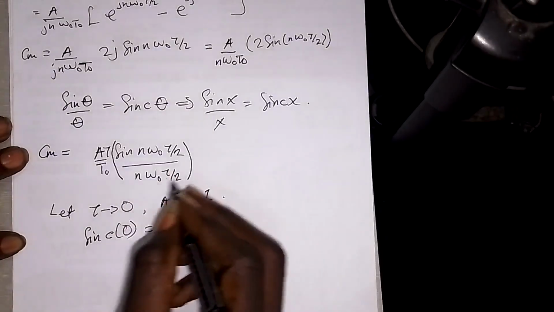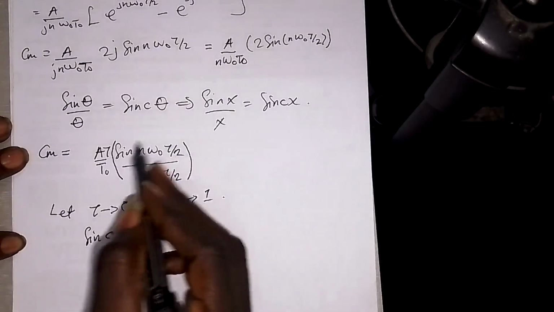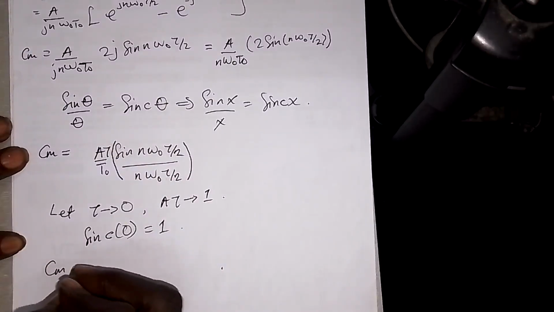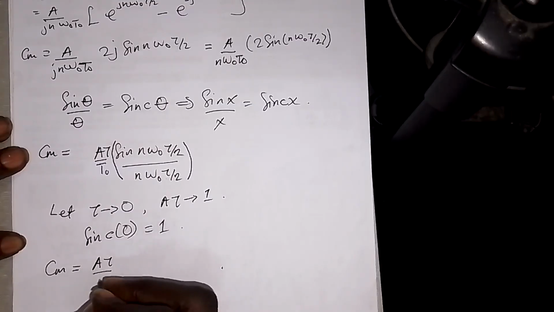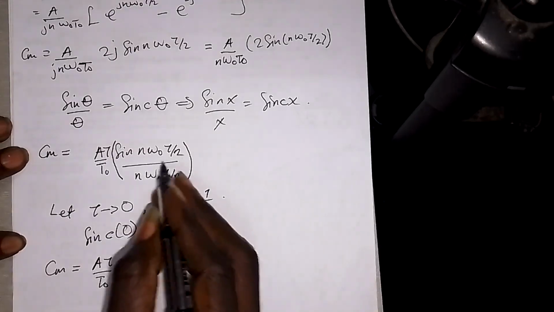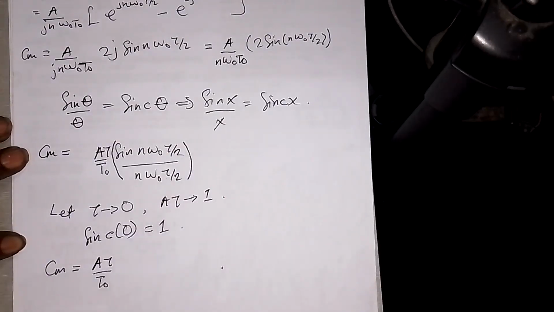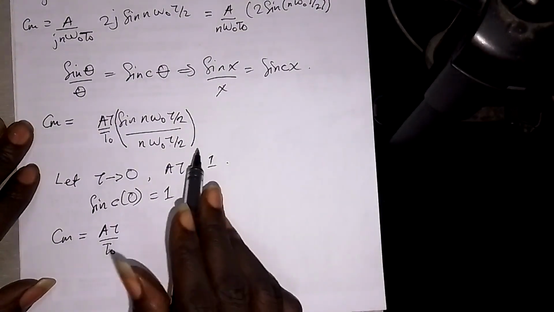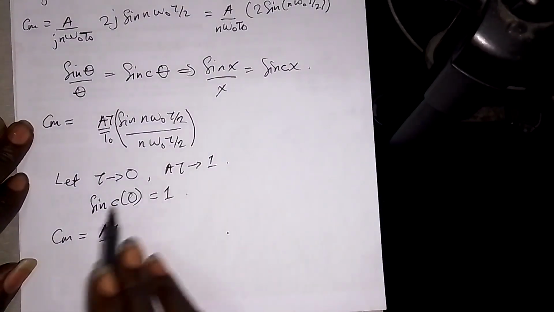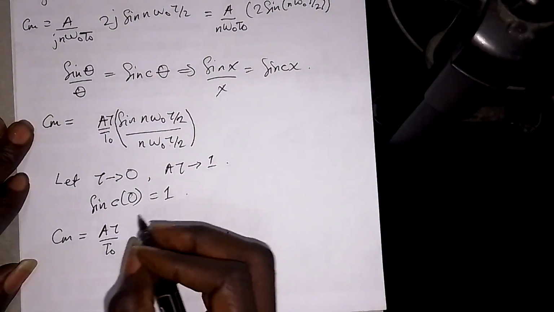If sinc 0 is equal to 1, then this part becomes 1, and my Cm will now be equal to A tau over T naught, because the sinc aspect is now 1. But I am also saying that this A tau in terms of the impulse train function approaches 1, so this place also becomes 1.